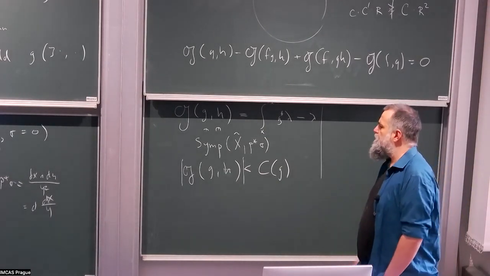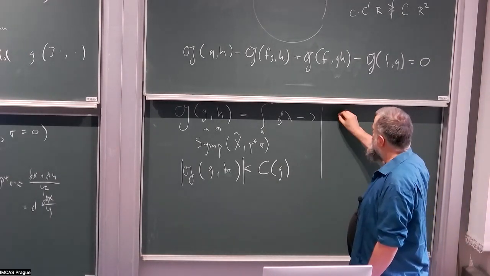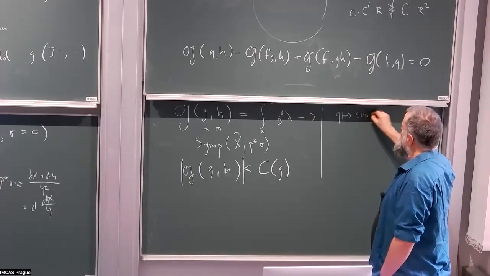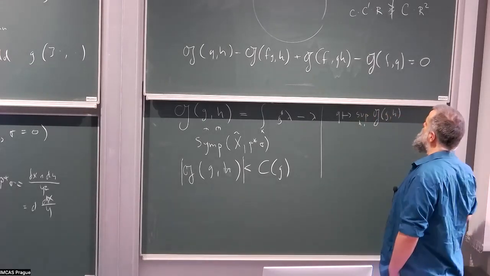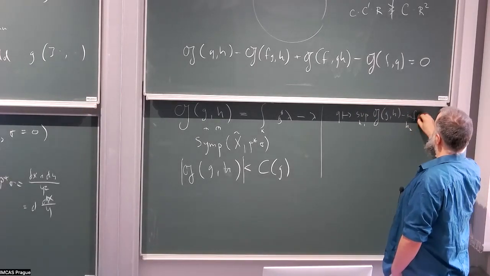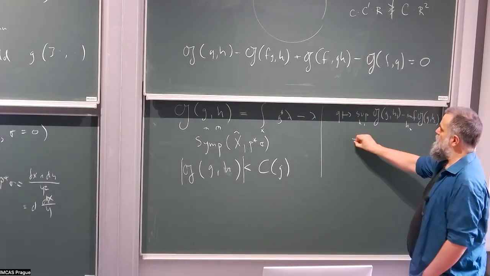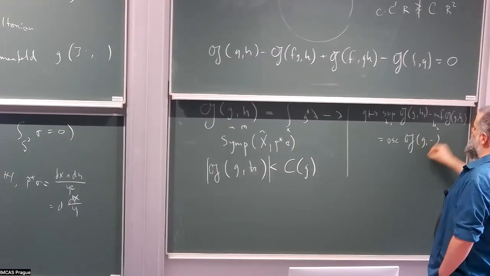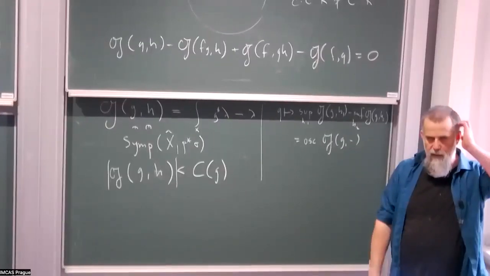The right definition should be that for any g, we define the supremum of all those values g(h1) over h1, minus the infimum over all h2 of g(h2), which we call the oscillation of this g. Okay? The span between the biggest and the lowest.